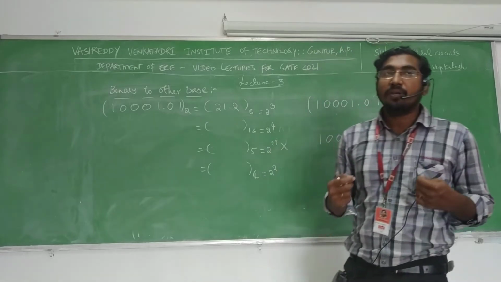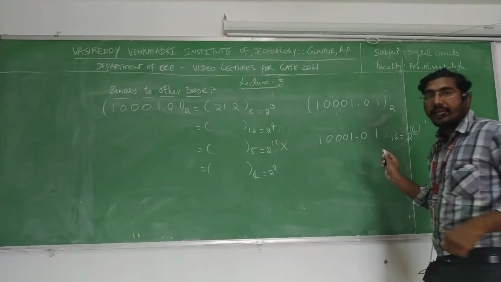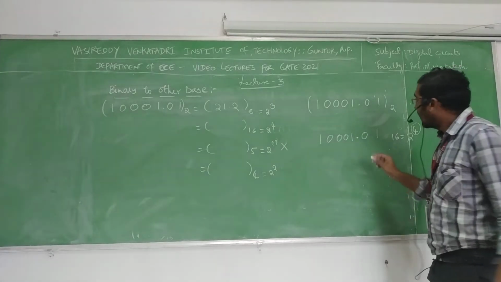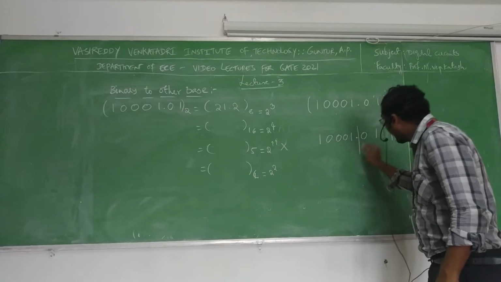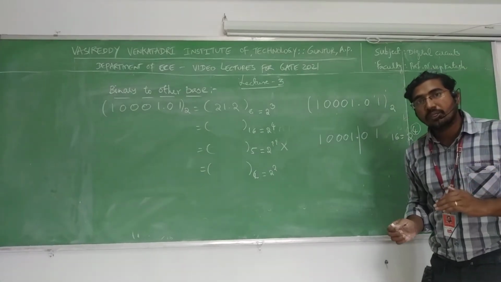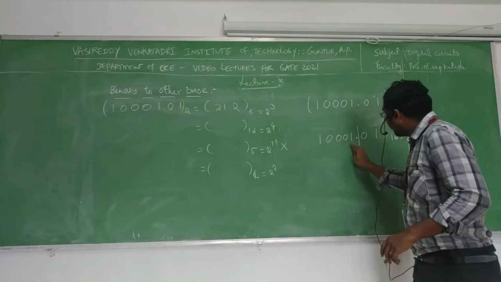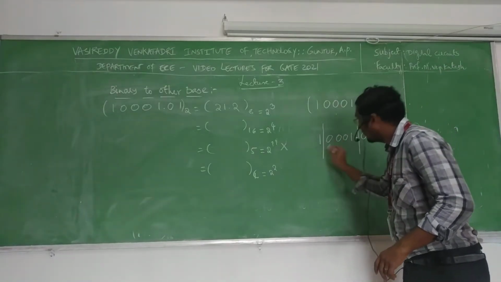From there I have to start the grouping. If a fractional point exists, it is also called the reference point. Draw a line at the fractional point, and from the fractional point go towards left and towards right. Towards left count 4: 1, 2, 3, 4. Draw a line.